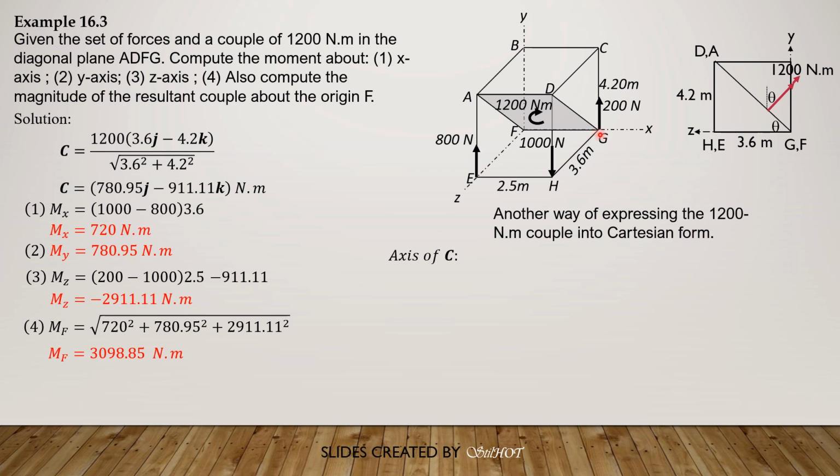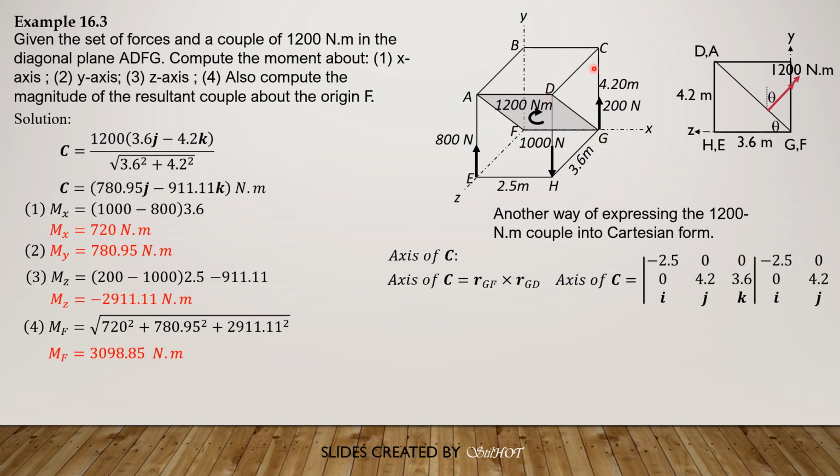So its axis is crossing GF with GD, where GF is negative 2.5i and GD is 4.2j plus 3.6k. So negative 2.5, 0, 0 for GF, then for GD, it's 0i, 4.2j, 3.6k.